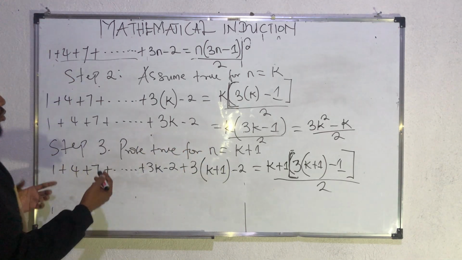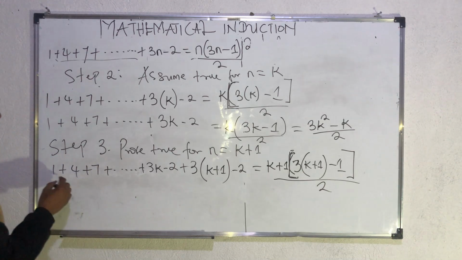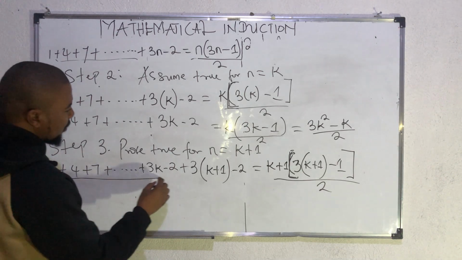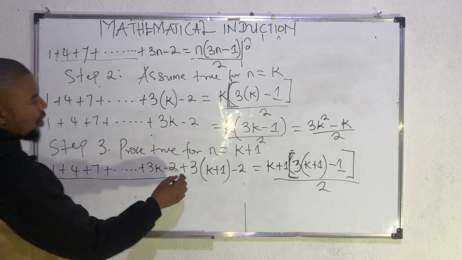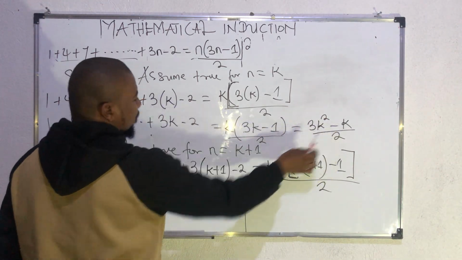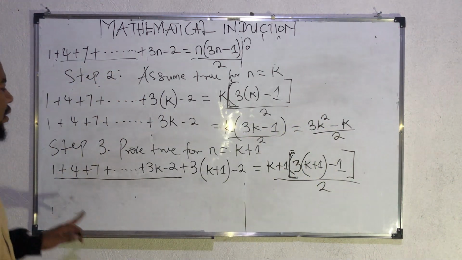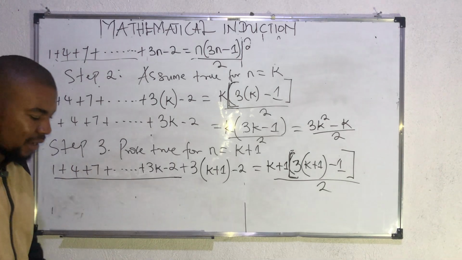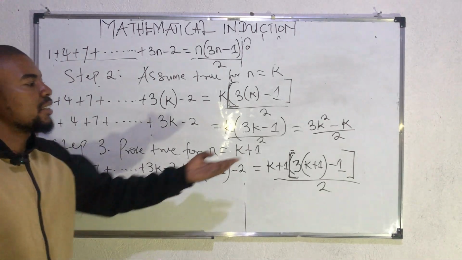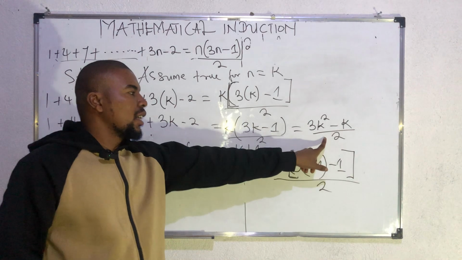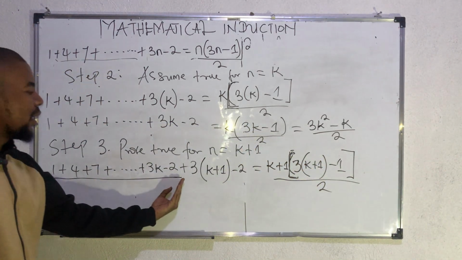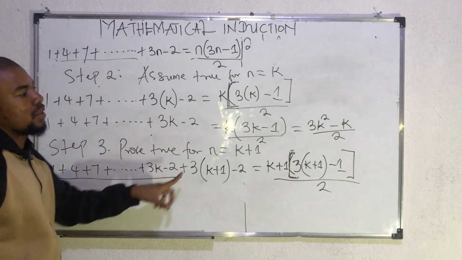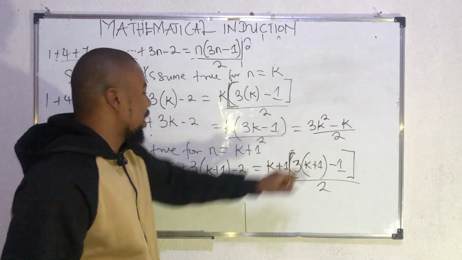So the next thing that we're going to do is to replace this part with 3k squared minus k over 2. Because this one here is equal to this very one. So we're going to eliminate this and replace it with what it is equal to.